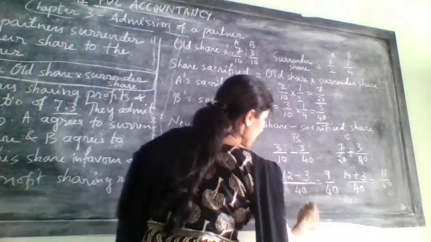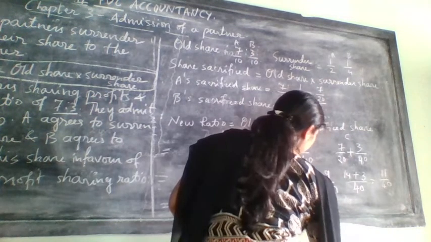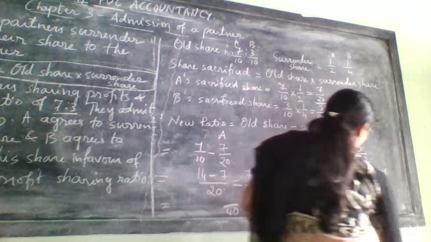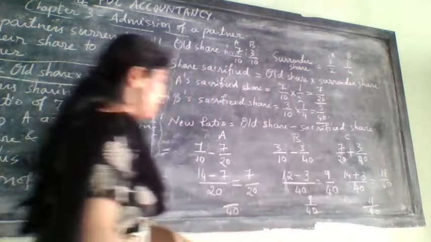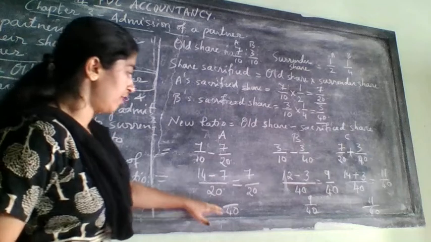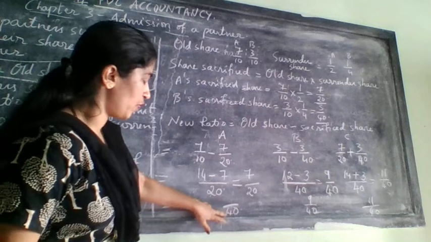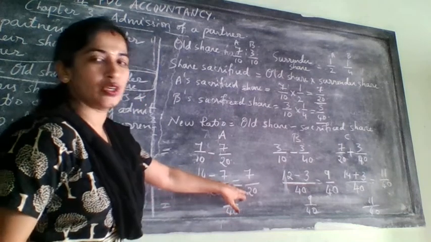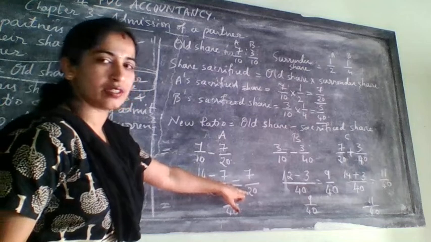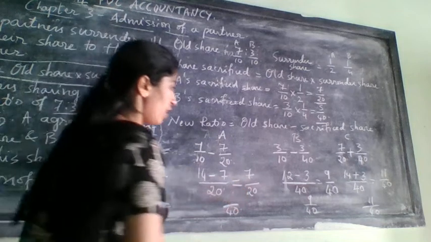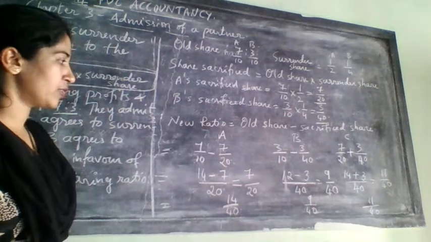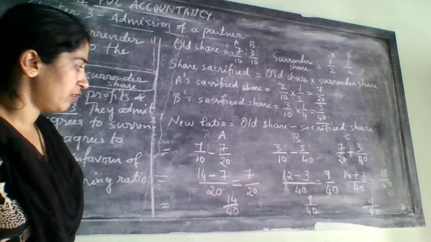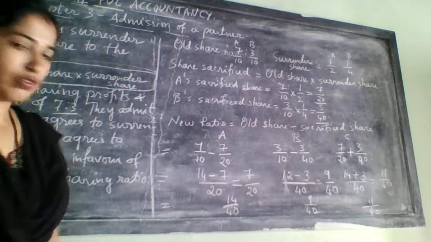I will write this as it is, 9 by 40, and here it is 11 by 40. How to convert this? Again you need to do division. So 40 divided by 20 will come how much? 2. 2 sevens are 14.